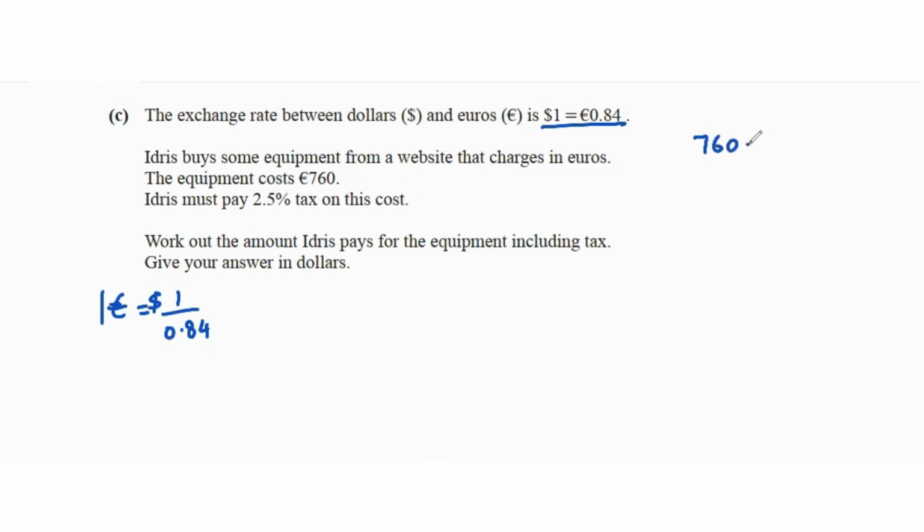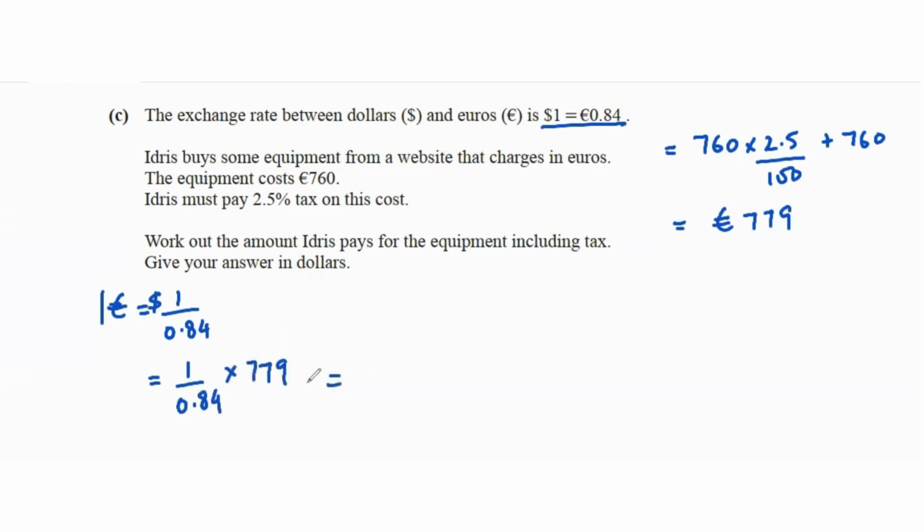So 760 times 2.5 over 100 plus 760. This is going to give us the final amount after he's paid tax, 779 euros. So now we're going to convert these 779 euros into dollars. So for that, we will do 1.084 times 779, and that's going to give us $927.38.